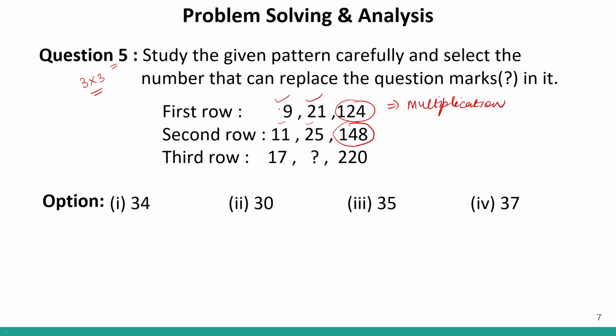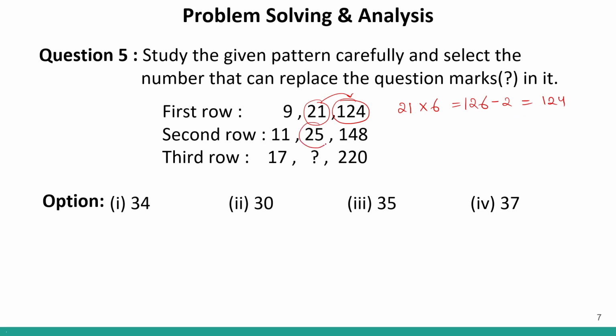Now, when I look at this number, 21 and 124, I can see that if I multiply 21 by 6, I'll get how much? This will be 6, this will be 126. And then I subtract 2, I get 124.